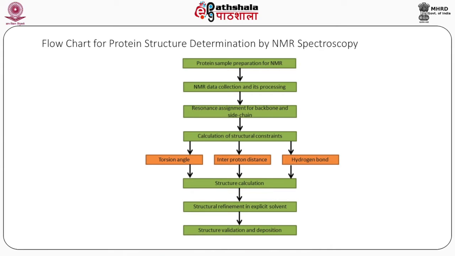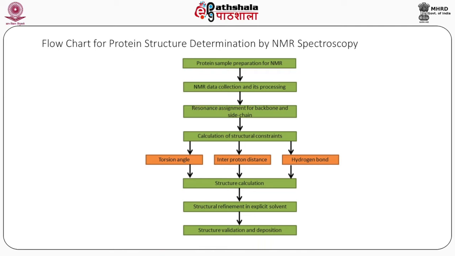A flowchart for protein structure determination by NMR spectroscopy is shown in this figure. First, we have protein sample preparation for NMR, then we have NMR data collection and its processing. We have resonance assignment for backbone and side chain. Then we have calculation of structural constraints.